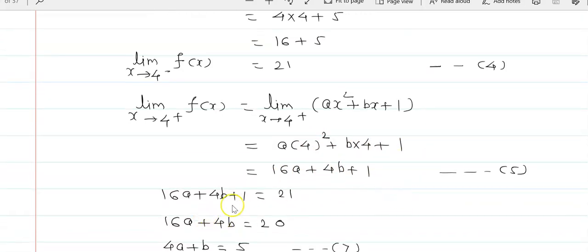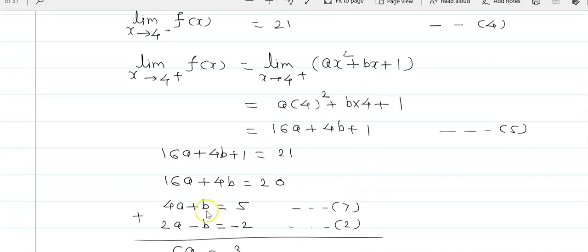Therefore 16a plus 4b plus 1 equals 21, so 16a plus 4b equals 20, and if you divide by 4, you will get 4a plus b equals 5.